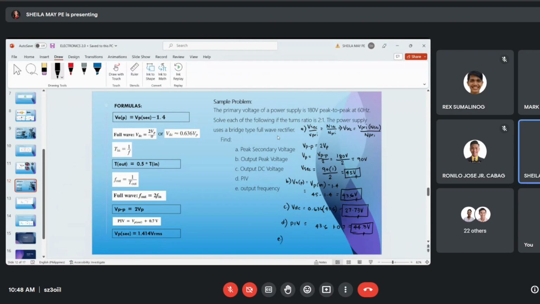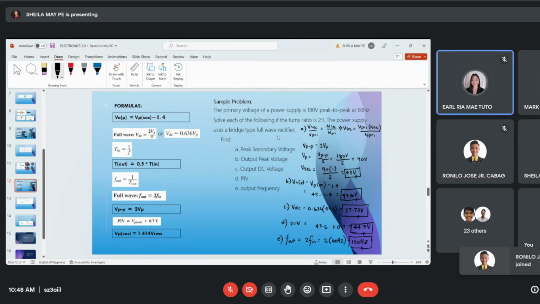Letter E, output frequency, given the input frequency of 60 hertz. That would be 120 hertz. Okay. So far, naka-follow? Yes, ma'am. Okay. That's good.